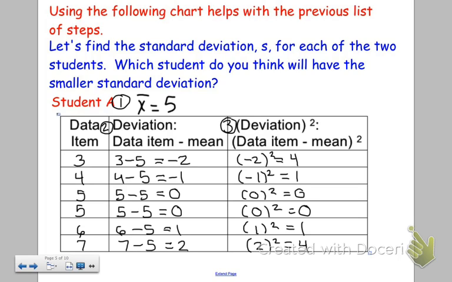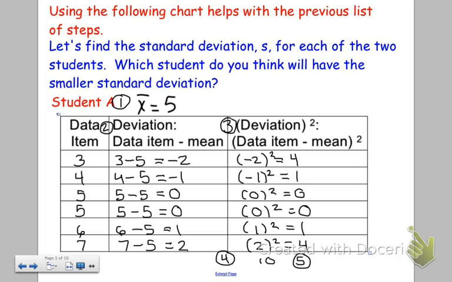Okay. Now, the next step tells me to add up all of the squares that I just found. So I'm going to add up 4, 1, 0, 0, 1, and 4, and that's going to equal 10. My next step is now to take that 10 and divide it by 1 less than the data items I have.